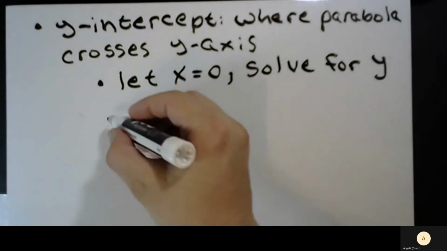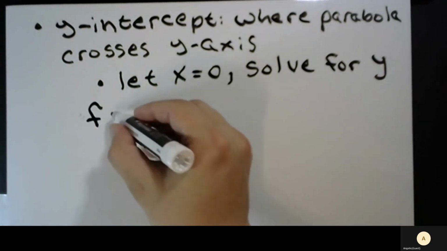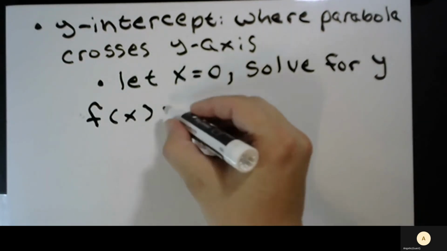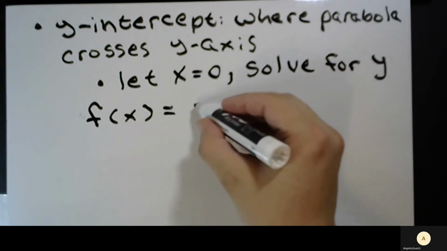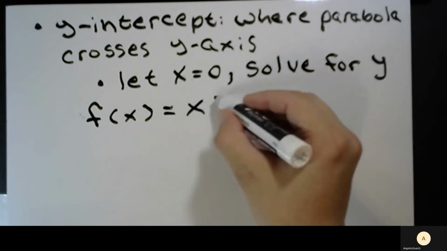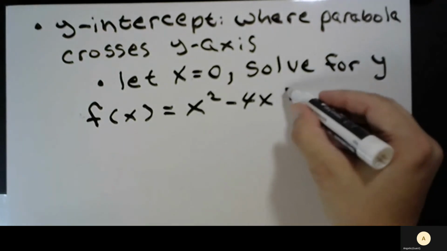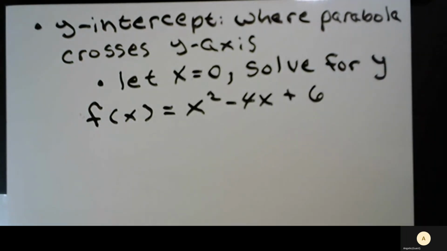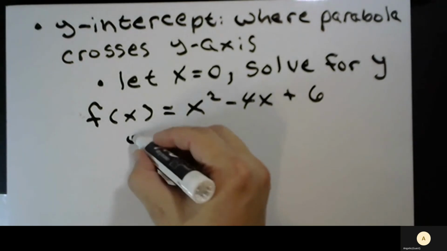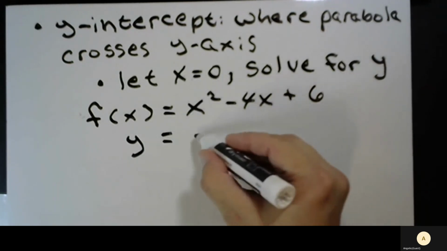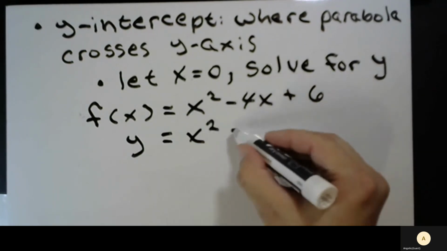So back to our parabola. We'll rewrite f of x as y.